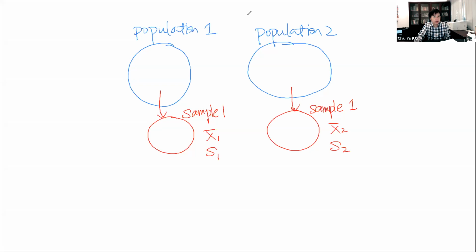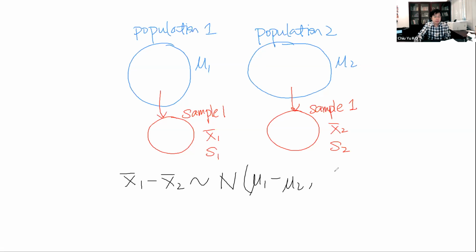So here we are looking at this element, and this element, x1 bar minus x2 bar, would have a normal distribution with mu1 minus mu2, where mu1 and mu2 are the parameters of the population.